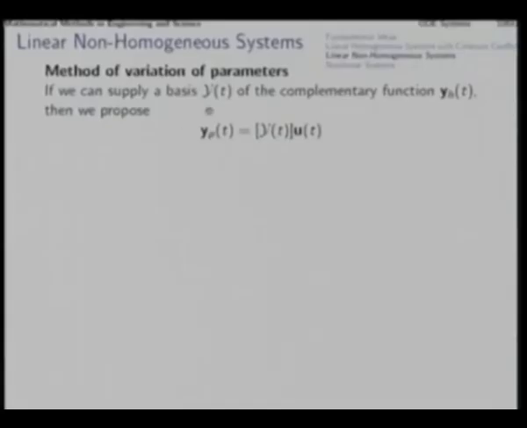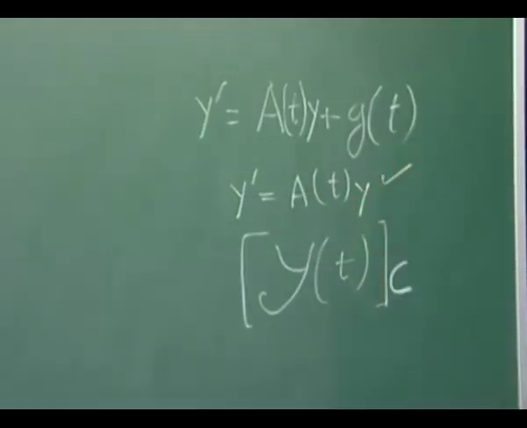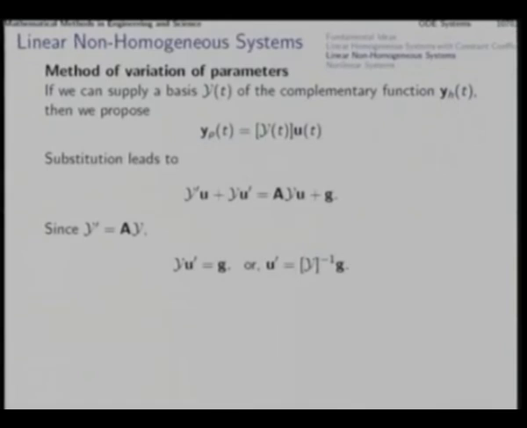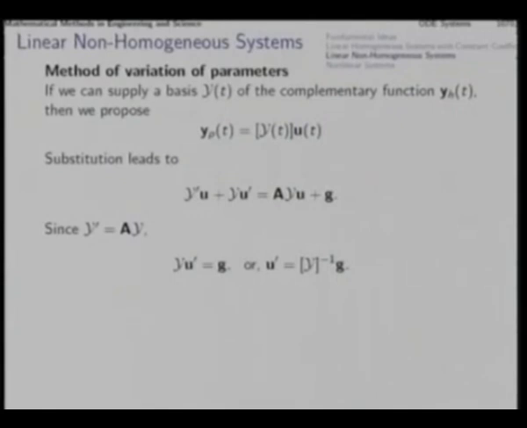After proposing the particular solution in this manner, we will differentiate this function and substitute in the differential equation system in here. Now, as we differentiate this, we get y prime into u plus y into u prime, that is the derivative of this, is equal to A y u plus g of t.